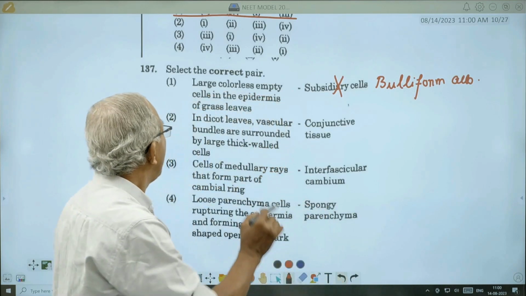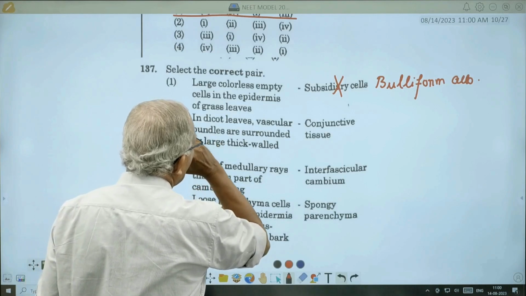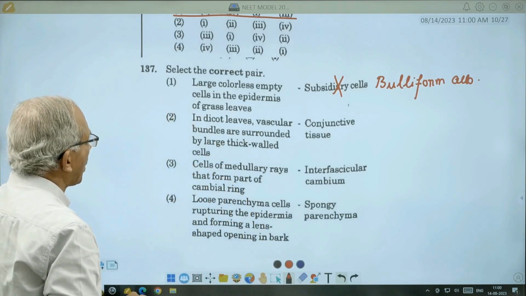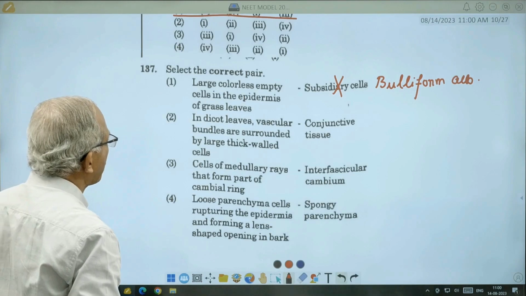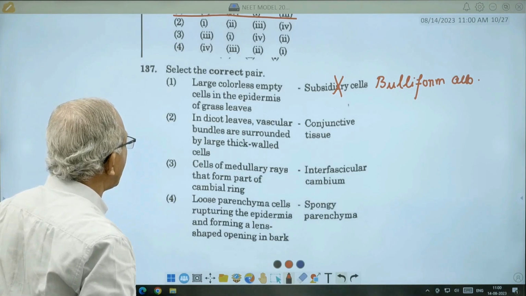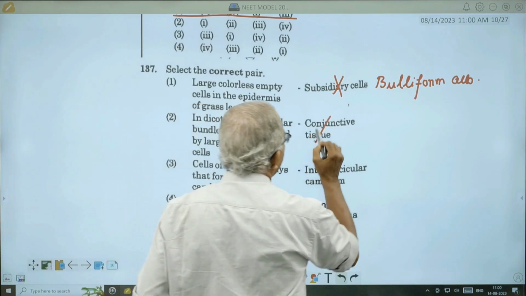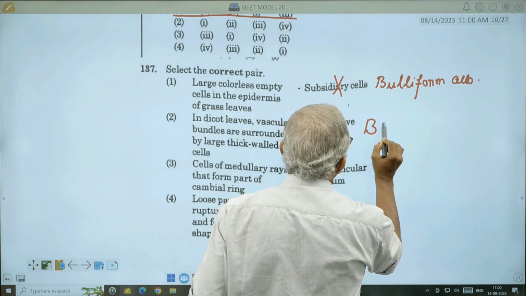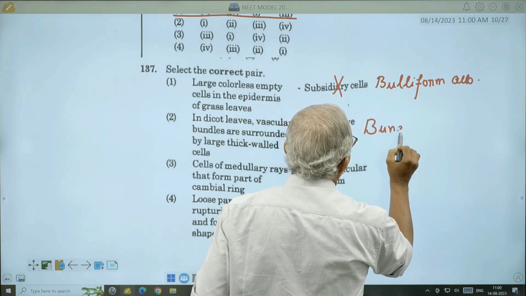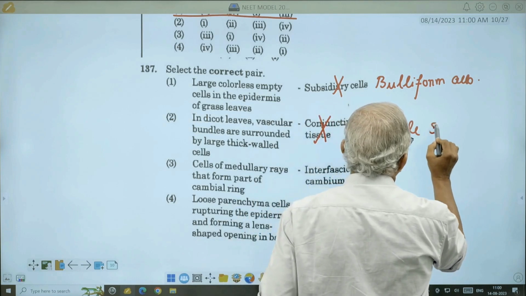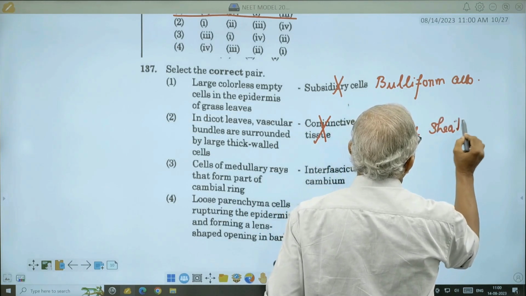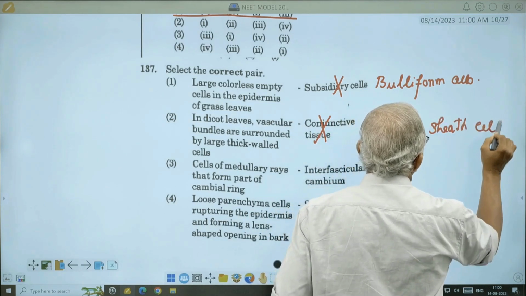Second one: in dicot leaves, vascular bundles are surrounded by large, thick-walled cells. They are not conjunctive tissue, they are bundle sheath cells.